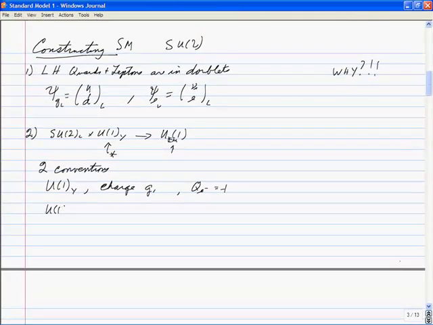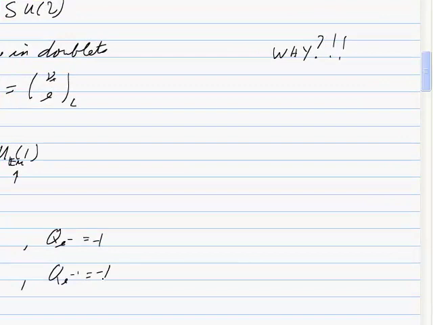For U(1) E and M, the convention is the charge is e, and again Q_e is -1.